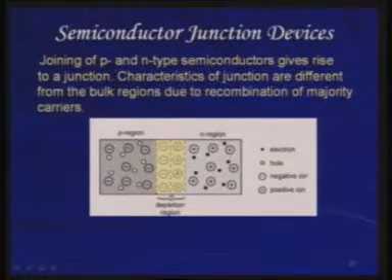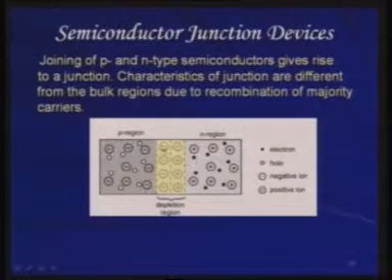When we join these two, the holes and electrons can rejoin or combine, and then there is a region in between, just near this junction, which is completely devoid of any type of carriers. You have only resident negative and resident positive ions in this region. It is called a depletion region.